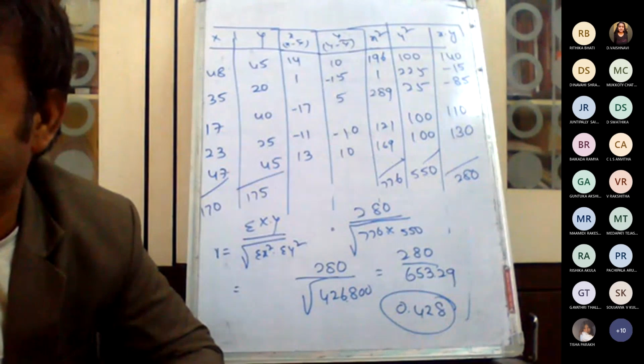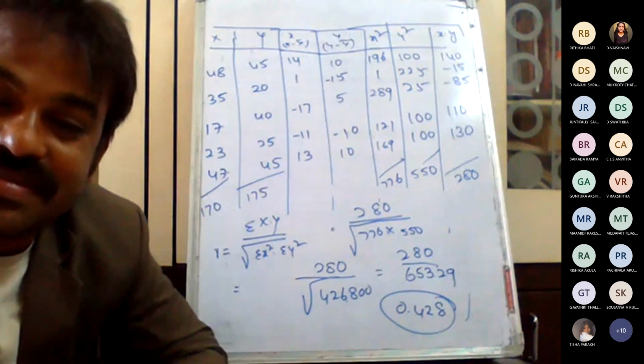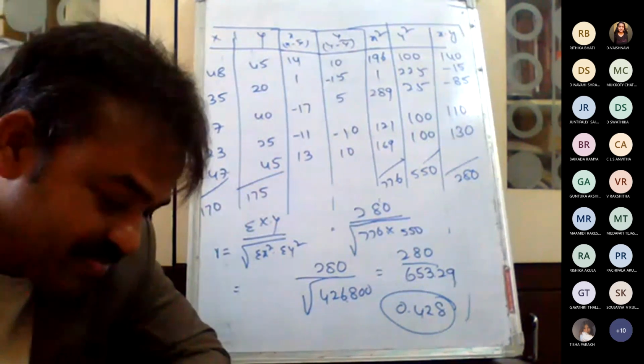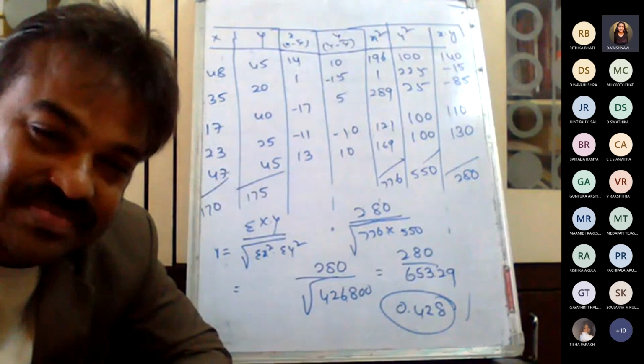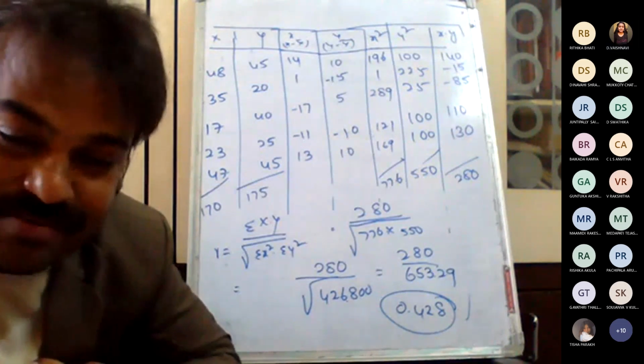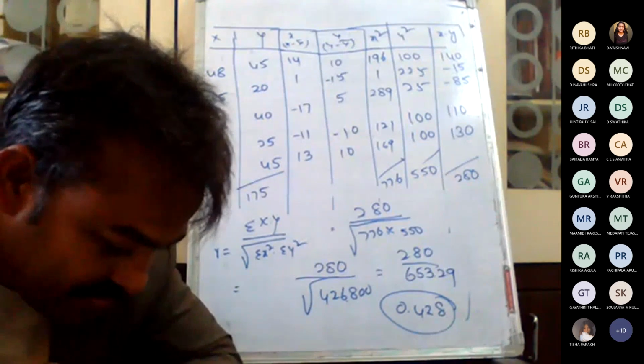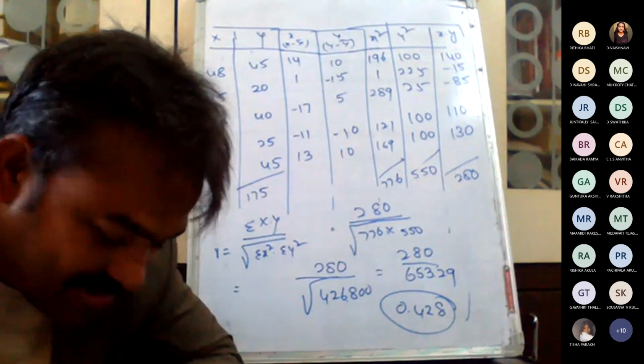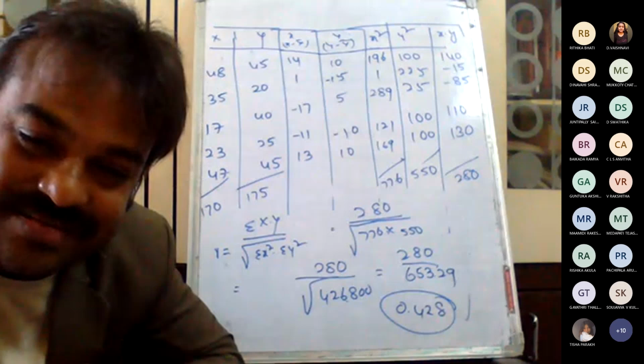Simple answer. If the vaccination drive increases, what happens to the coronavirus? It will reduce, right, sir? Reduce. So in this case a negative correlation will result. Correct?